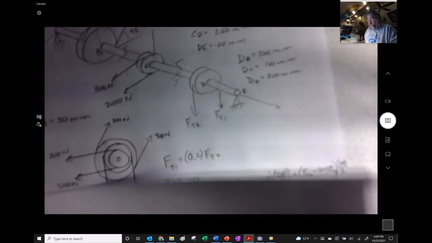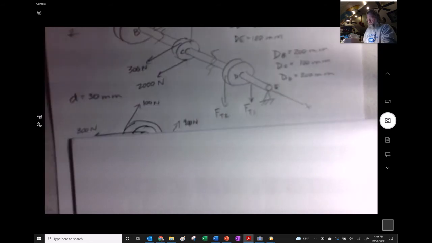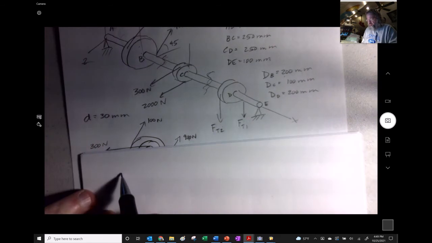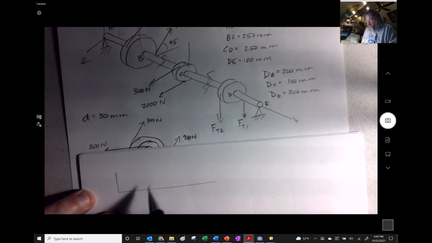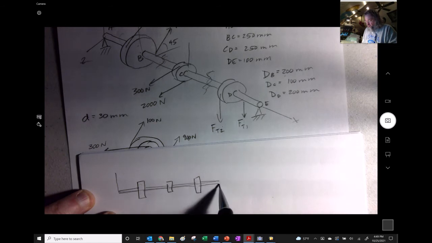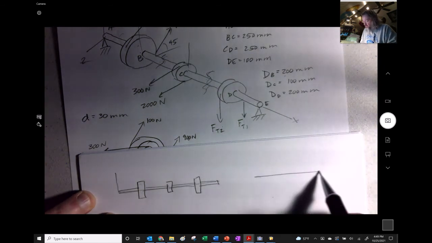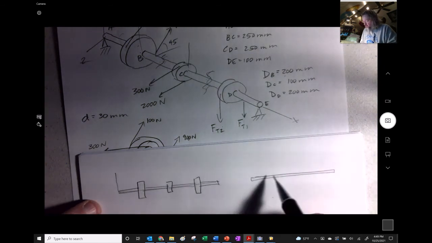I'm going to get rid of my clipboard here. It's nice to have a clipboard, but it starts getting in the way. So let's see. We'll draw these two views out here, in the X and Y, and I guess I'll draw the whole thing out.